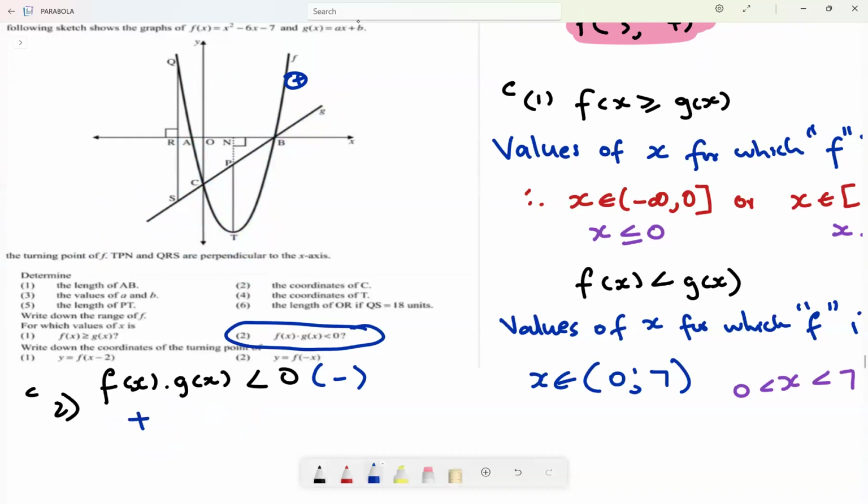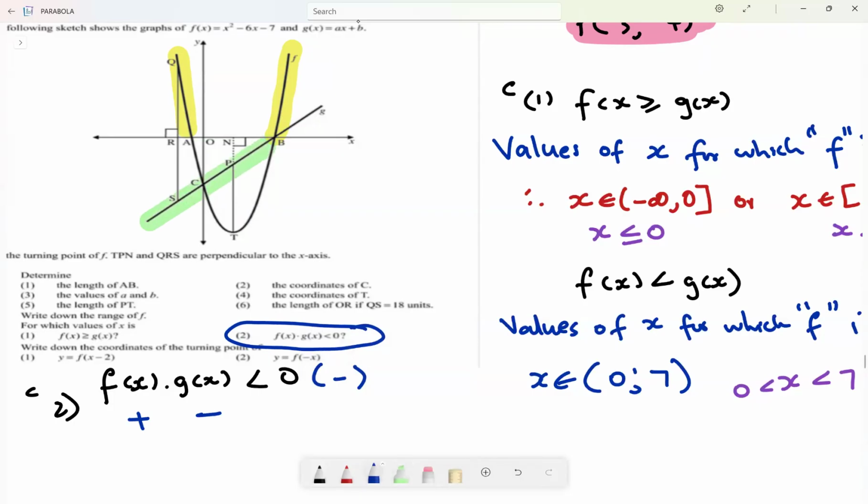But let's change this to positive and this to negative. Where is f positive? f is positive here, and also positive here. Again, then we want to see where g is negative. g is negative below here until this point.